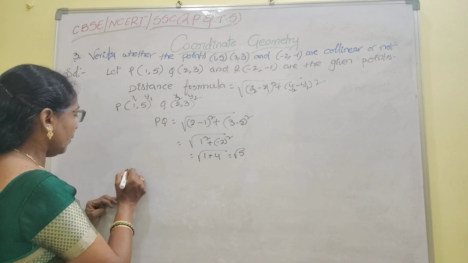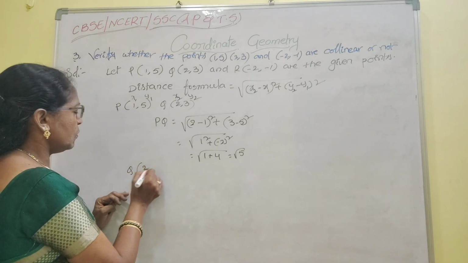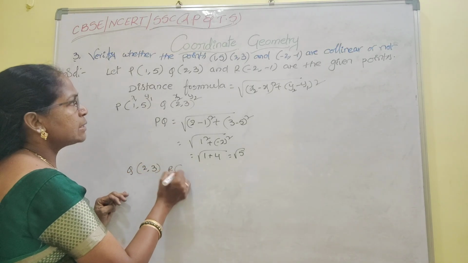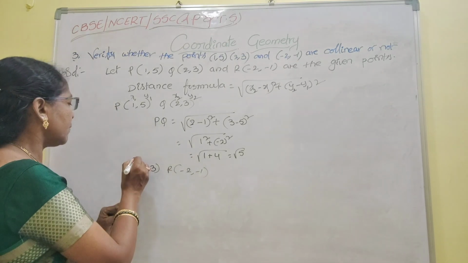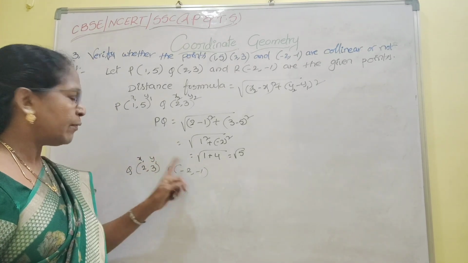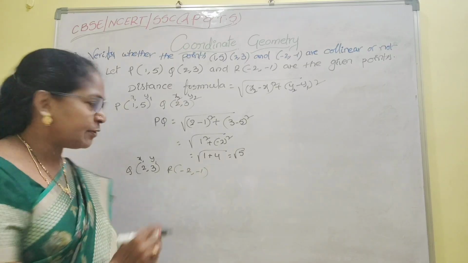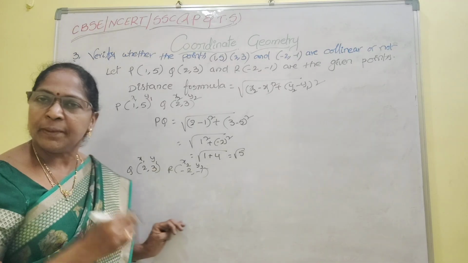Like that, now QR. Q is (2, 3) and R is (-2, -1). Again assume x1, y1 and x2, y2. Every time you should write it like this, otherwise you may get confused.